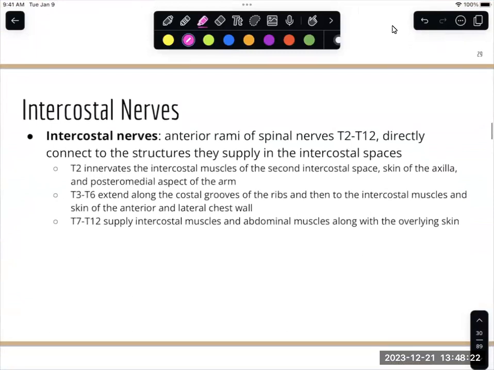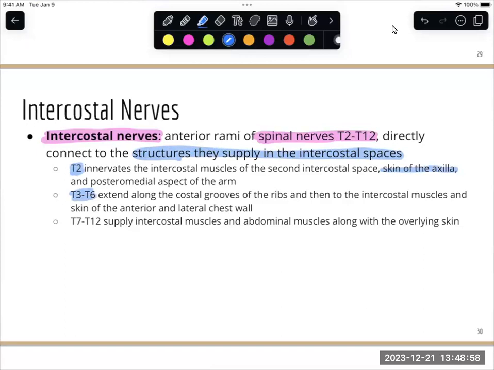So I mentioned those T2 to T12 above that do not form a plexus. These make up what are known as our intercostal nerves, costal ribs. So these are the nerves that are going to go to structures around that intercostal space. Here's kind of an idea where some of these sit, like T2 will go around that skin to the axilla, that armpit.